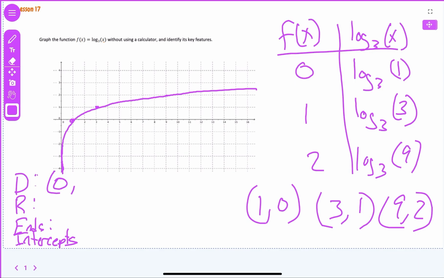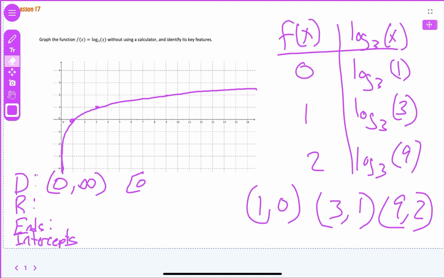But since it's in a parentheses, it doesn't count 0. So it's 0 to positive infinity, right? If it would have been a bracket like that at 0, it would have included 0, right? But we're not including 0 here. Everybody understand that? When it's a bracket instead of parentheses, it's including.